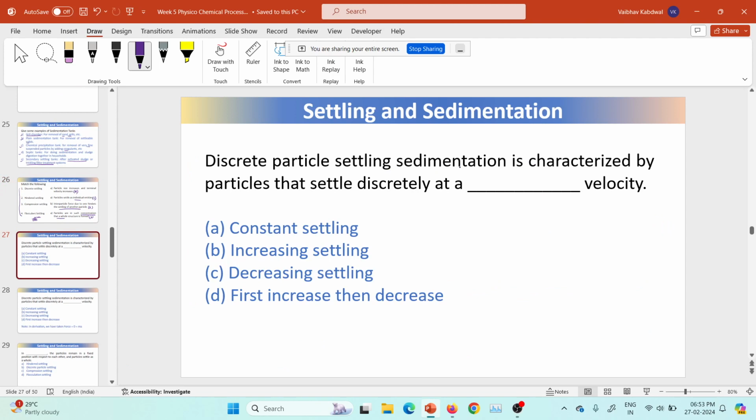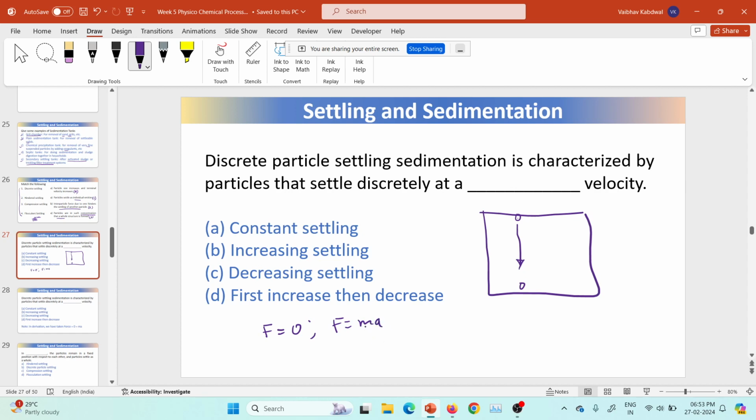Discrete particle settling sedimentation is characterized by particles that settle discretely, at a constant velocity. A particle is there, and at a constant velocity it will settle. Because while deriving Stokes law, we consider total force equal to zero, and force is equal to mass into acceleration.